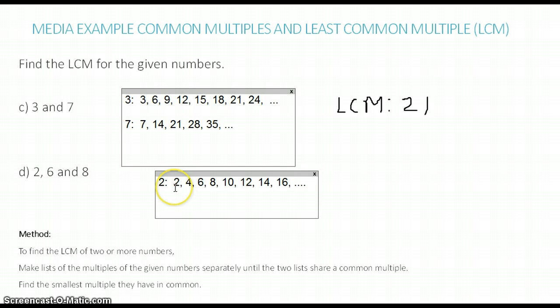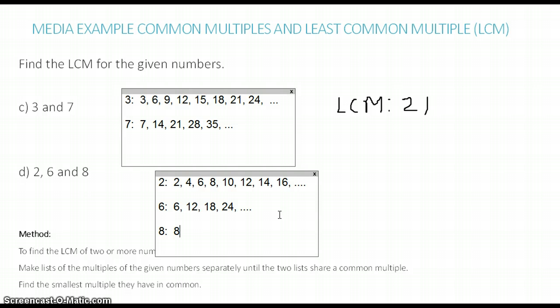So there's the first 8 multiples of 2. And I'm going to move on to 6. So 6. 6 plus 6 is 12. Plus 6 is 18. Plus 6 is 24. And this is already getting bigger than our first list, so I'm going to stop there for now. I may have to go back, I'm not sure.